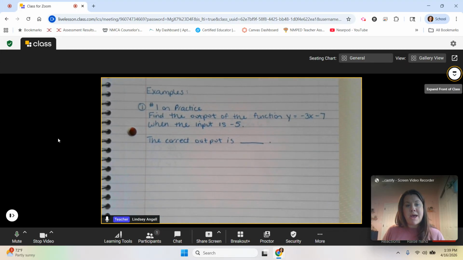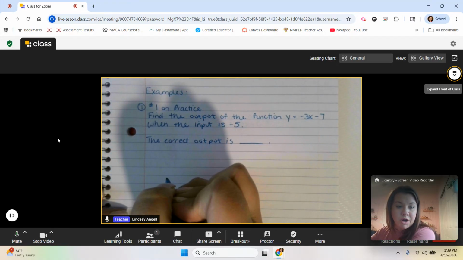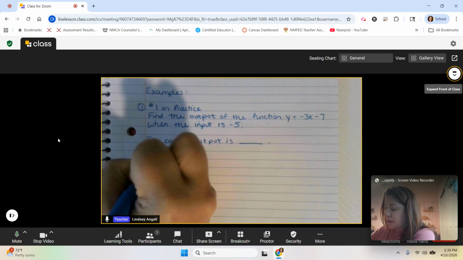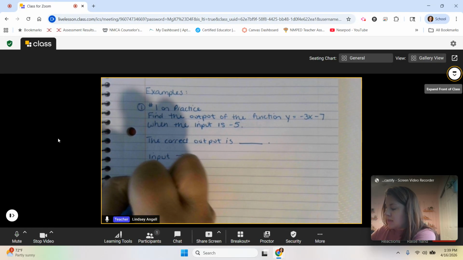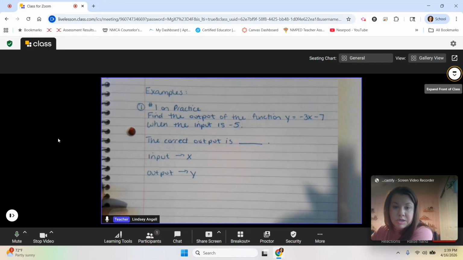Number 1 on your practice, find the output of the function y equals negative 3x minus 7 when the input is negative 5. You might have heard of something called an input-output table, where input is the x value, the output is the y value, or like the answer, okay?